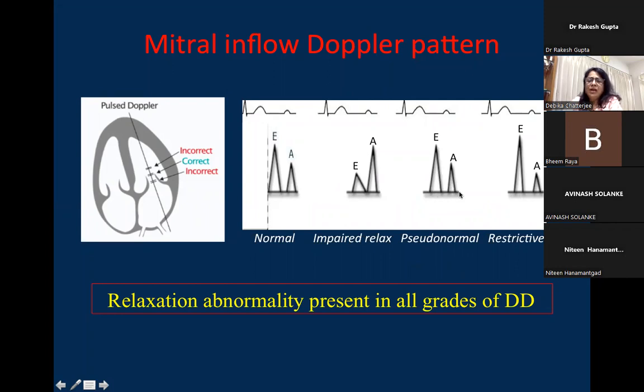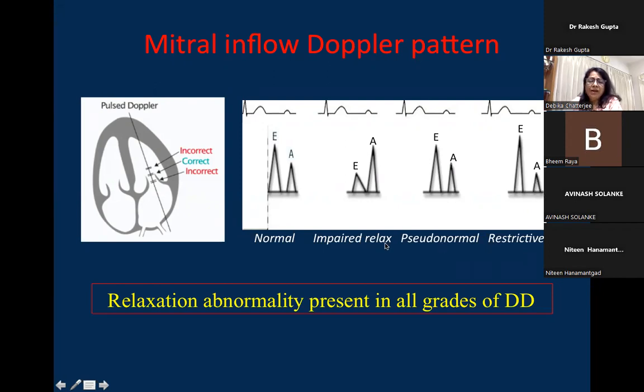And as it advances further, the A wave becomes smaller and smaller, the E wave becomes very big because the LV has become non-compliant and LA pressure is significantly high. So that is why we get a pattern of tall E, short deceleration time, and a short A wave.